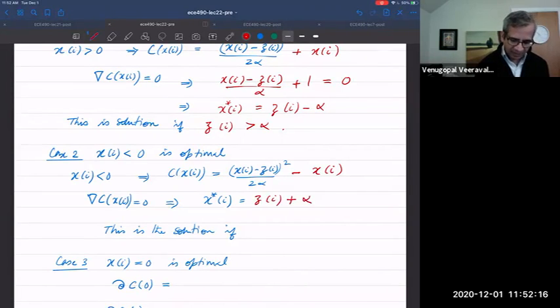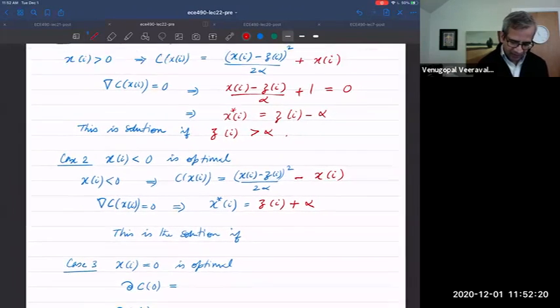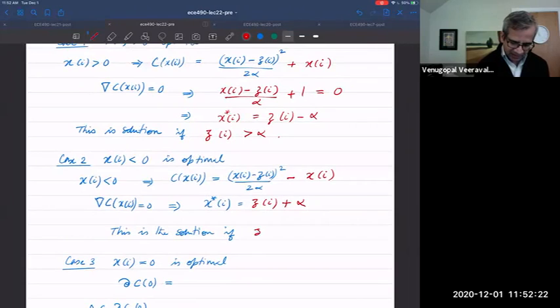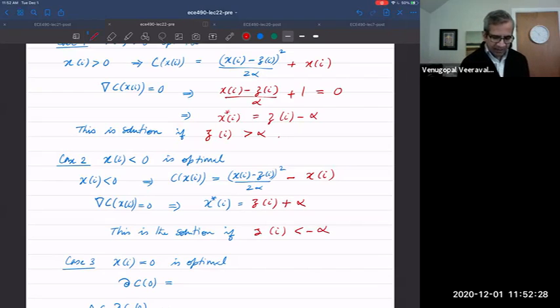Instead of minus alpha, it becomes plus alpha. And this is the correct solution if zi is less than minus alpha. So if zi is bigger than alpha, this is the solution for xi star. If zi is less than minus alpha, this is the solution.